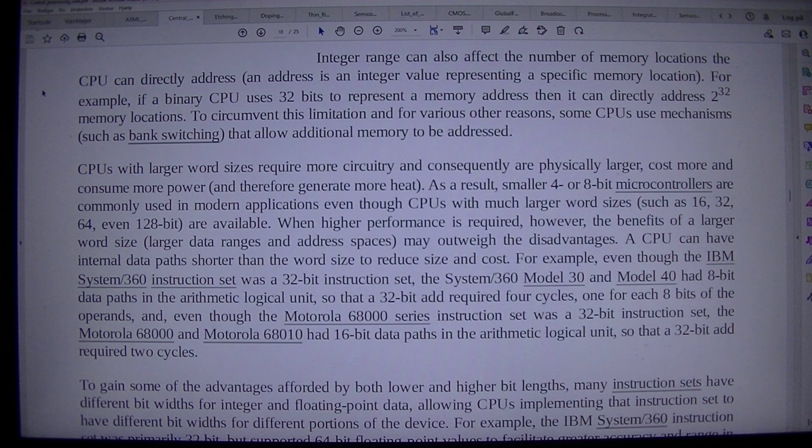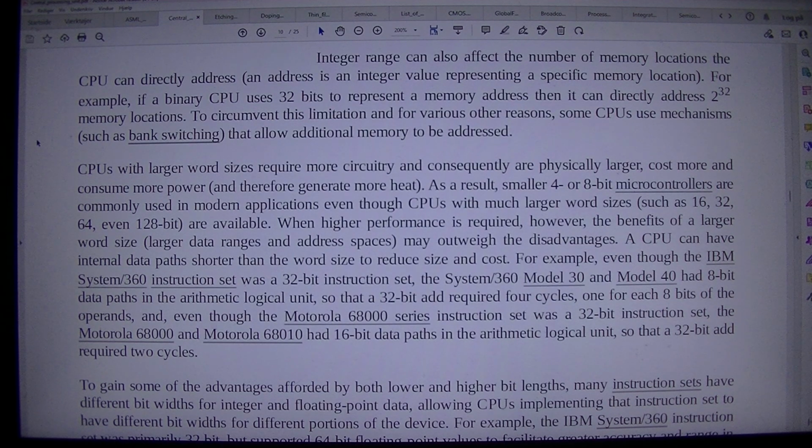For example, if a binary CPU uses 32 bits to represent a memory address, then it can directly address 2^32 memory locations. To circumvent this limitation and for various other reasons, some CPUs use mechanisms, such as bank switching, that allow additional memory to be addressed.